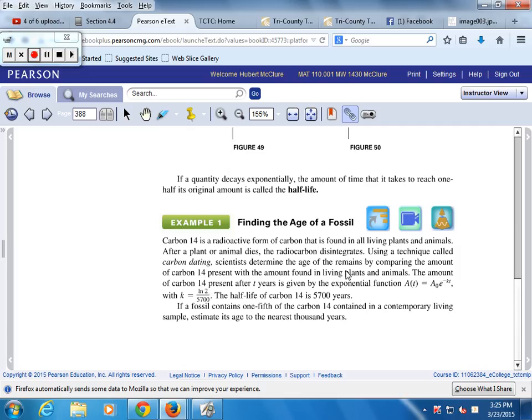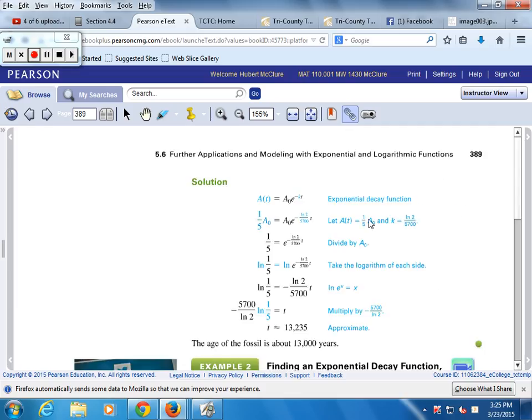So 1/5 of the carbon is there. 1/5 is the same thing as 2/10, or 0.2, but you don't have to do that. They give you K, and then there's the 1/5, which is the carbon dating at the beginning.